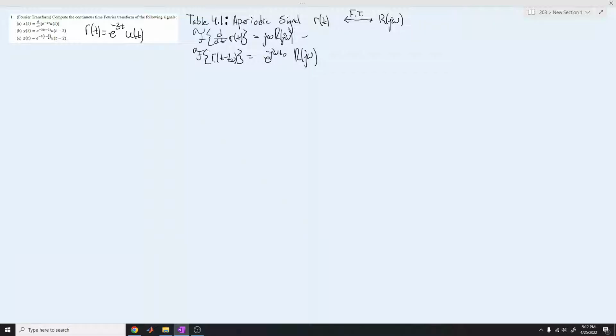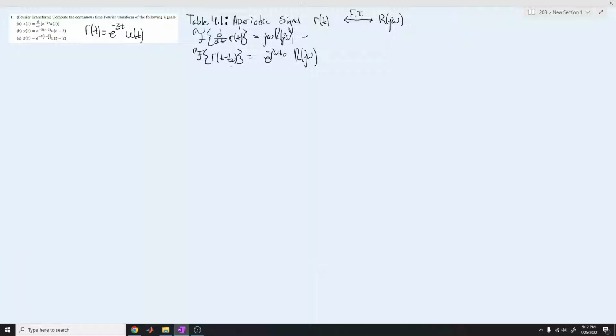And then we have the Fourier transform of a time-shifted version of r of t, which is equal to the Fourier transform of r of t, big R of j omega, times this exponential, e to the negative j omega t naught, where t naught is the shift.